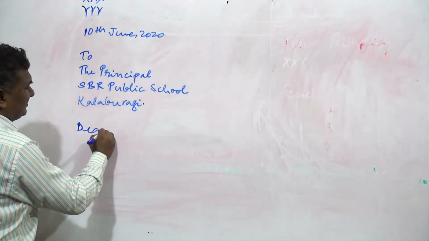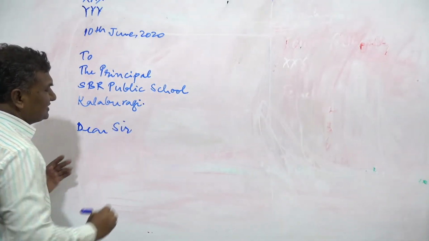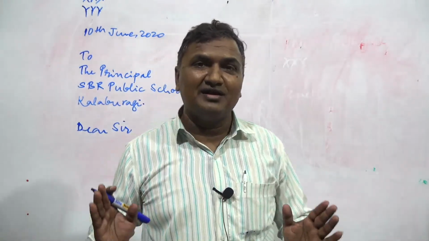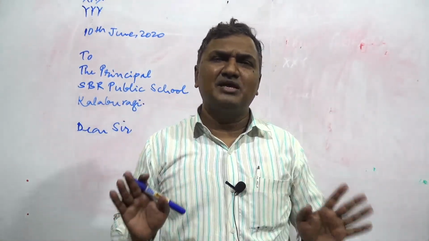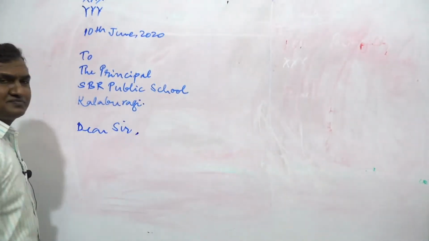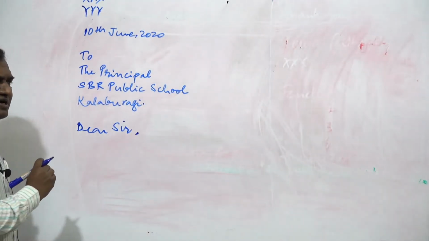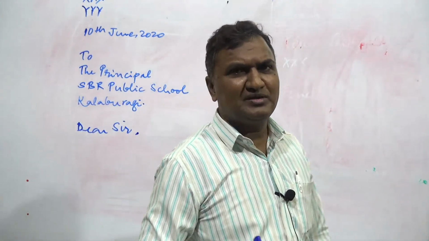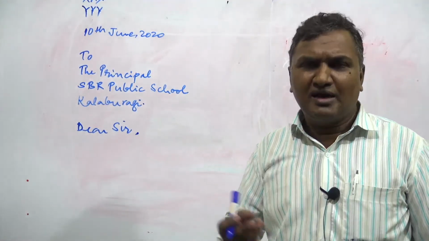Write here: Dear sir. Remember, you are not going to write respected sir. Either write dear sir or simply Sir, capital S. Now, a fixed beginning. There are two, three ways to begin the letter. In the modern letter, we can directly begin.